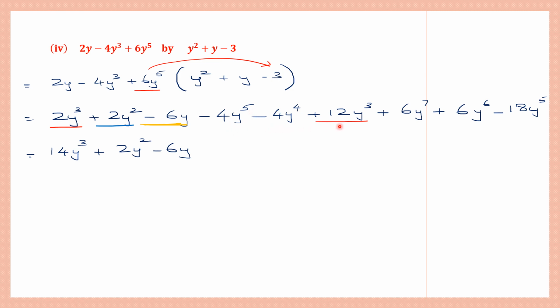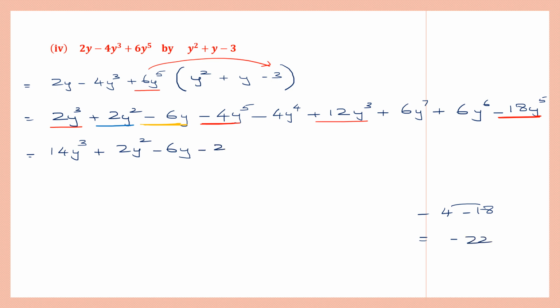Next is y to the power of 5. Do we have another y to the power of 5? Yes, here we have. So it is minus 4 y to the power of 5 and minus 18 y to the power of 5. So minus 4 and minus 18, signs are the same. We put the same sign and we add 18 plus 4 is 22.